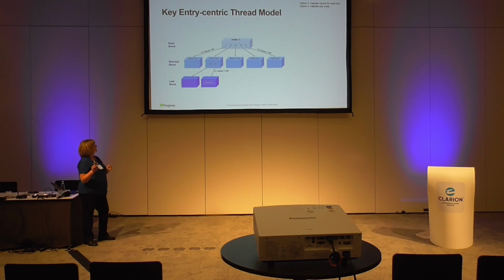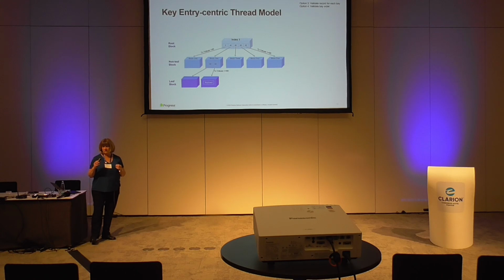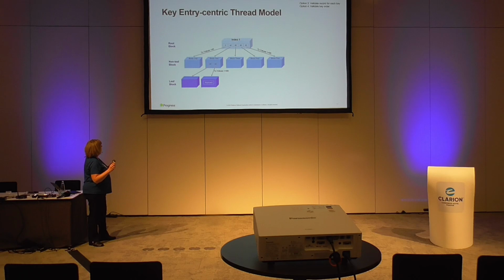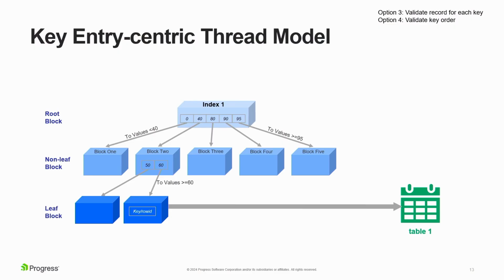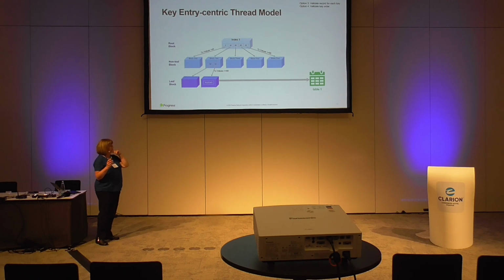In your root block is where you have the key entries. So we progress down with the key entries and go down through the blocks, and eventually you end up at the bottom. At your leaf block, you get a key with a row ID where you're going to go to the table and do that validation.